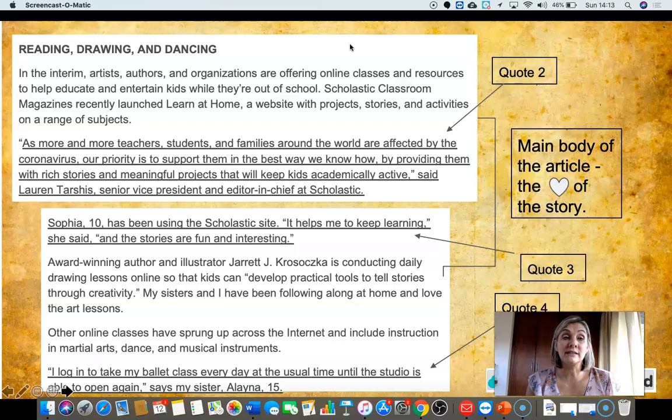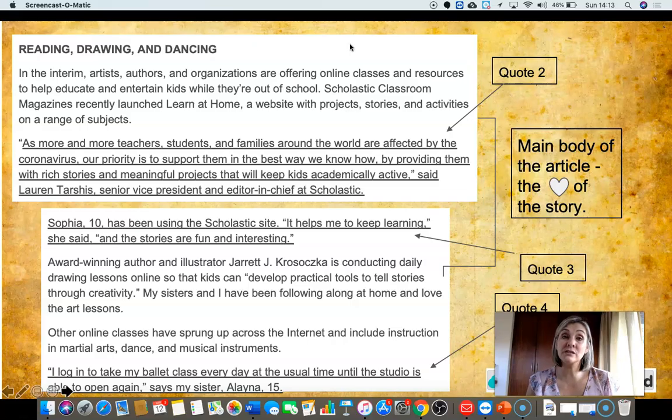Scholastic Classroom magazines recently launched Learn at Home, a website with projects, stories, and activities on a range of subjects. As more and more teachers, students, and families around the world are affected by the coronavirus, our priority is to support them in the best way we know how, by providing them with rich stories and meaningful projects that will keep kids academically active, said Lauren Tarshis, a senior vice president and editor-in-chief at Scholastic.